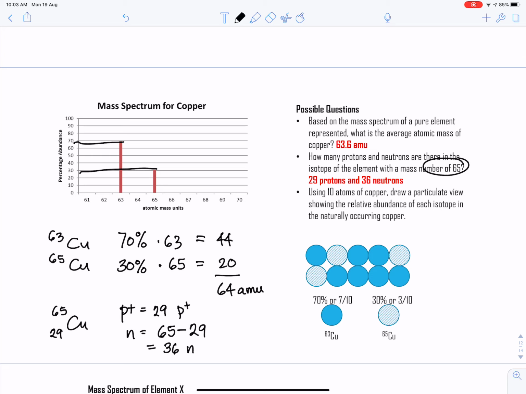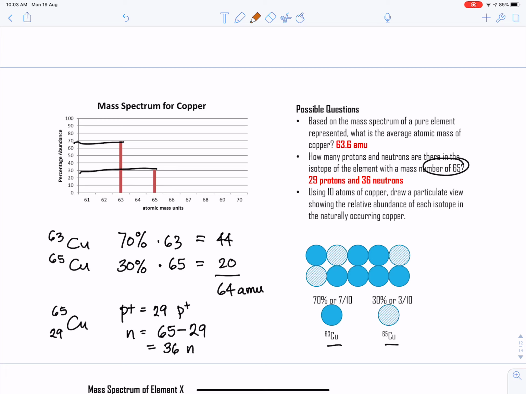Now, here's the thing. Using 10 atoms of copper, draw a particulate view showing the relative abundance of each isotope. Okay, now we don't really need to, you can just draw this randomly. Let us represent the shaded, the blue one, as copper-63, and the other as copper-65.